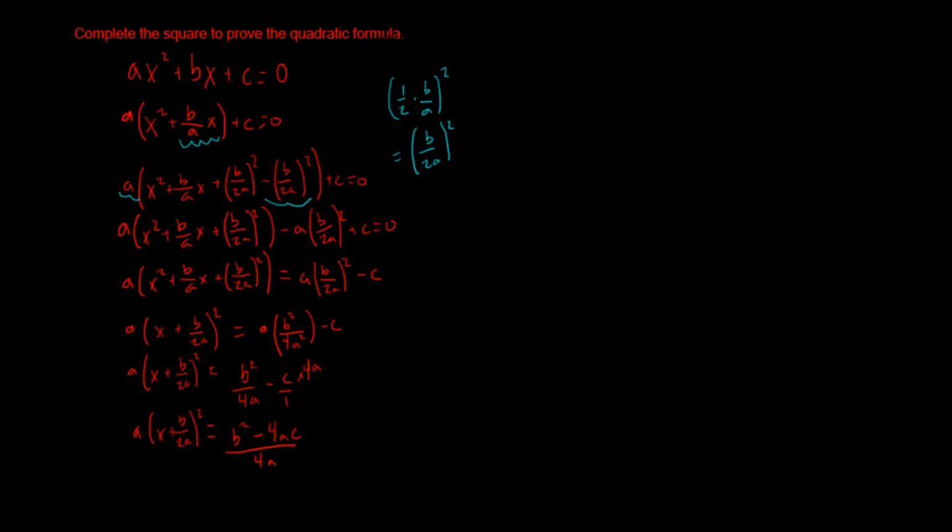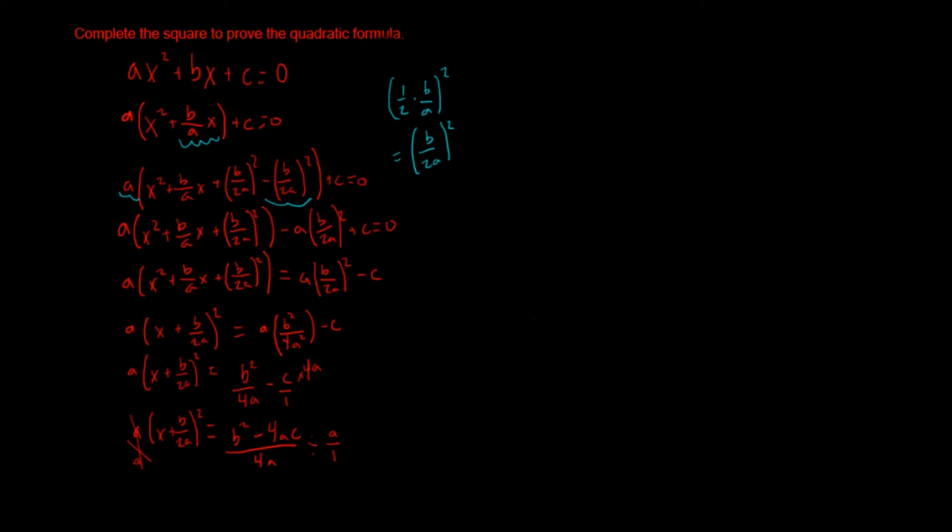So now what we're going to do is divide the a from the left side, just like we did with the right side. So if we divide this by a on this, it's just going to cancel out. And if we divide by a here, we know it has a common denominator of 1.